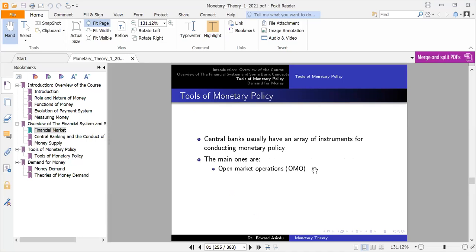These are the three main tools: open market operations, reserve requirement policy, and discount rate policies. So three broad tools. Changes in these tools will change the money supply. And remember, the change in the money supply is a leftward shift or a rightward shift of the money supply curve.